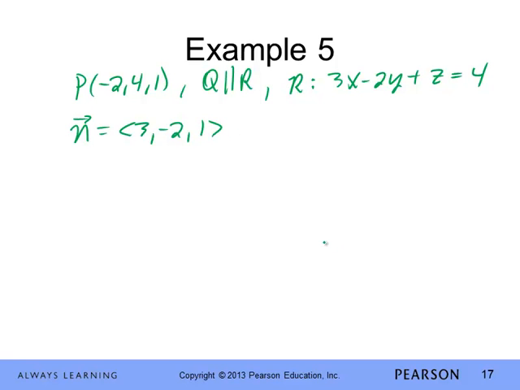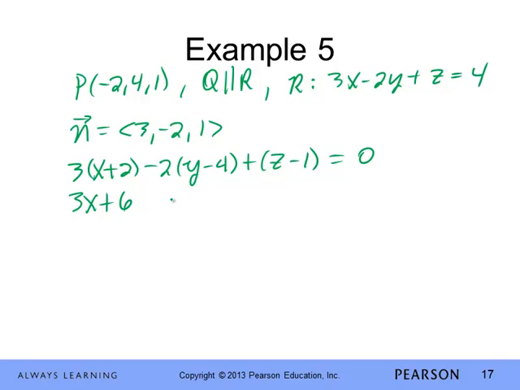So we have our normal vector, we have our point, and we can go ahead and write the equation of our plane. Now, 3 times x minus negative 2, which is x plus 2, plus negative 2 times y minus 4, plus 1 times z minus 1 is equal to 0. Multiply it out: 3x plus 6 minus 2y plus 8 plus z minus 1 is equal to 0.